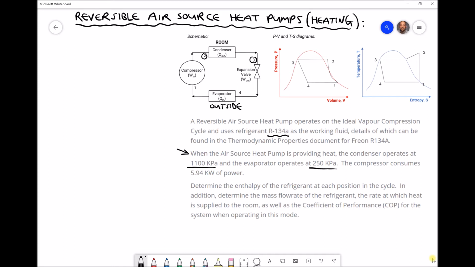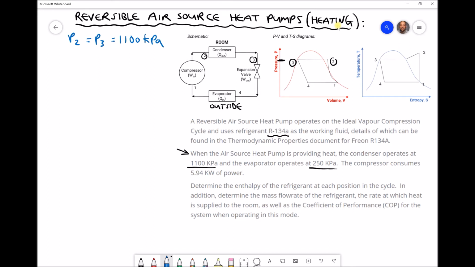That's confirmed by our PV diagram because we can see our upper pressure here is the same for both position 2 and position 3. So let's make a note then: P2 equals P3, which equals 1100 kilopascals when our air source heat pump is being used for heating applications.